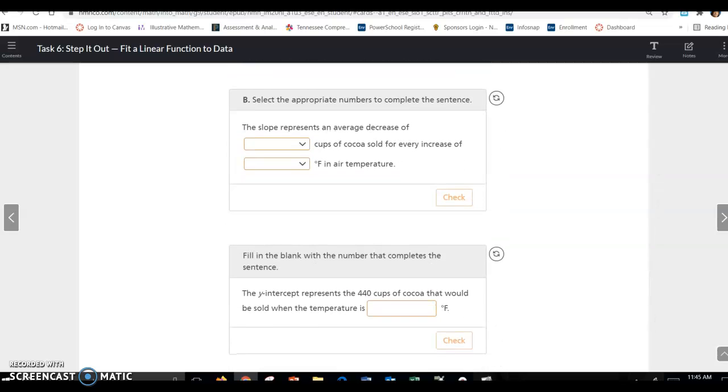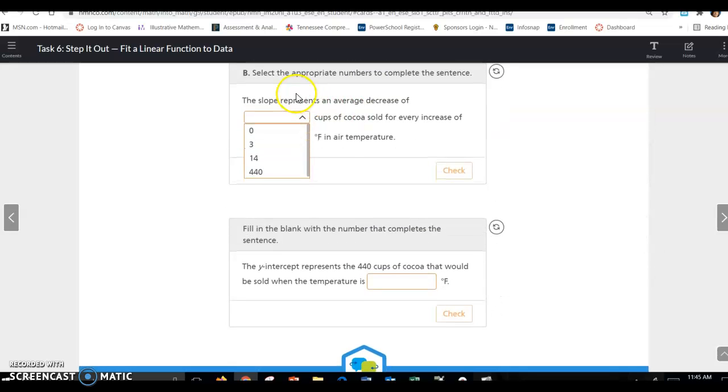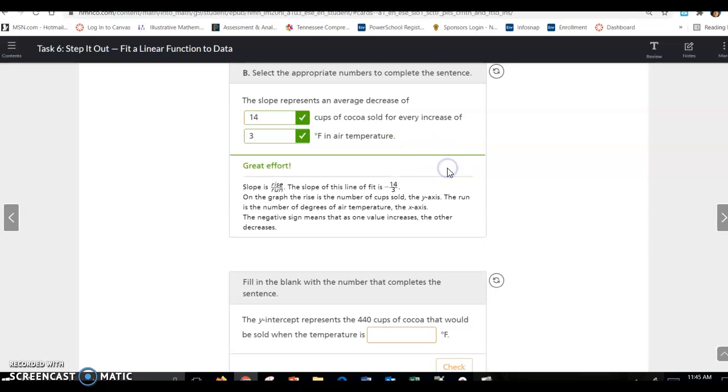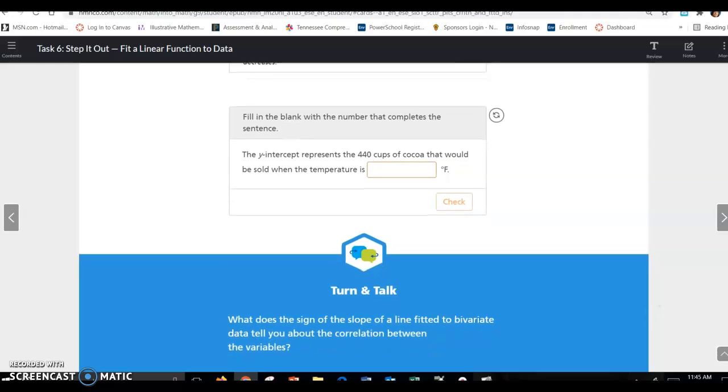All right, it says select the appropriate numbers to complete the sentence. The slope represents the average decrease of, so it's negative 14 over 3, so it's a decrease of 14 cups of cocoa for an increase of every 3 degrees Fahrenheit. All right, it says fill in the blank with the number that completes the sentence.